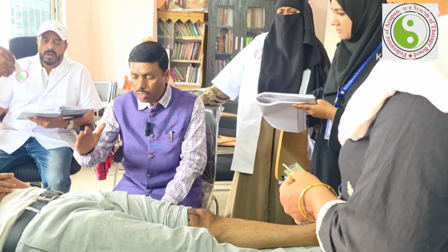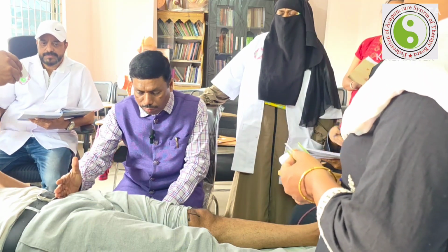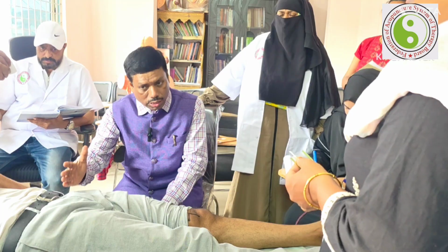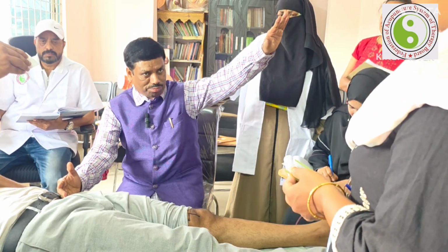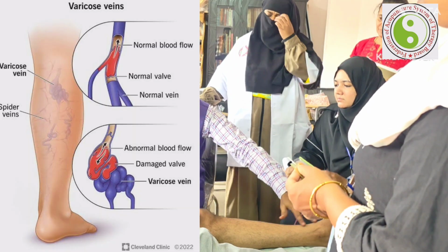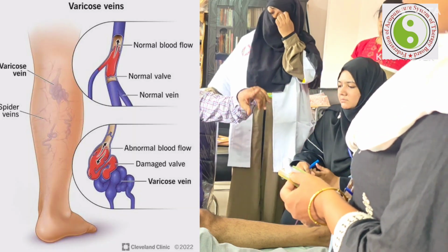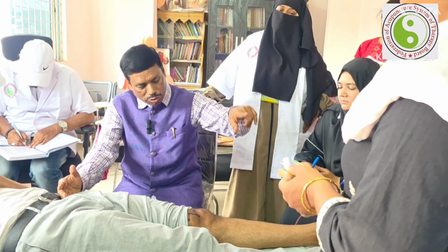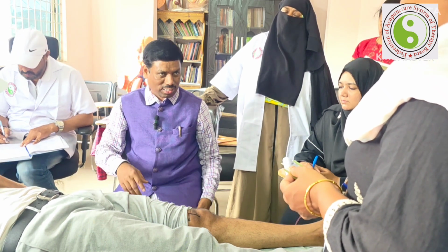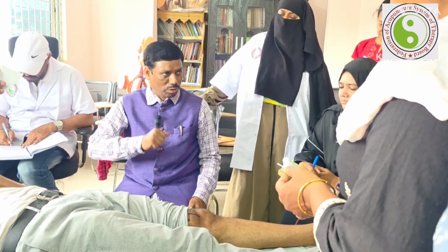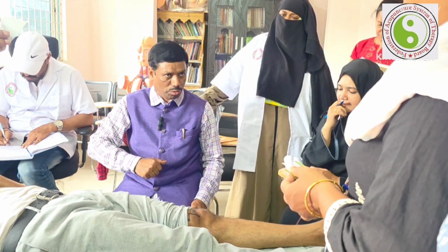Due to that reason, you remember the problem is that the femoral artery is not functioning properly. Due to that reason, the whole leg gets the problem, the varicose veins get the problem. So the varicose veins problem you are treating here, but at the same time there is a blockage here. The femoral artery and femoral vein are having the problem.